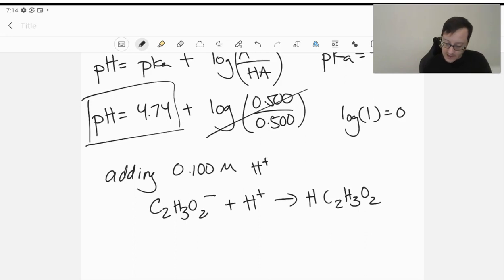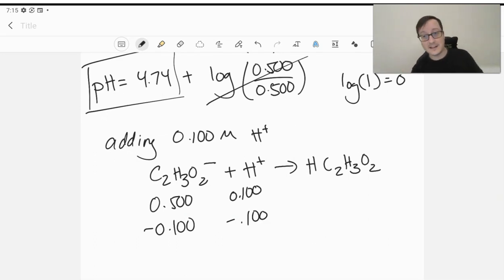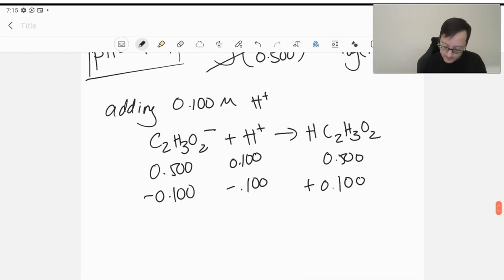So if we have 0.500 to begin with, and we want to get rid of this 0.100, we're going to subtract 0.100. I'm saying all the new acid that's being added, the 0.100 molar H+. That means we're going to be adding that amount to the acetic acid.